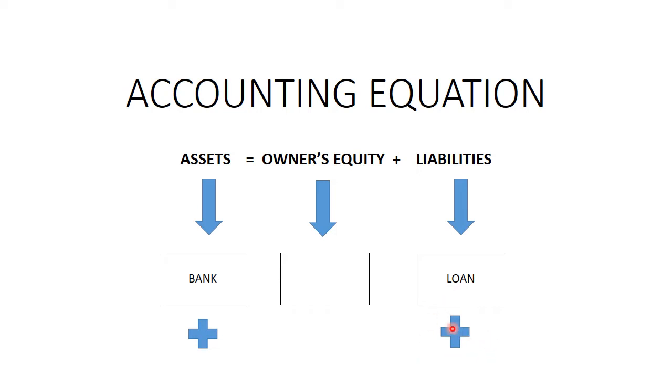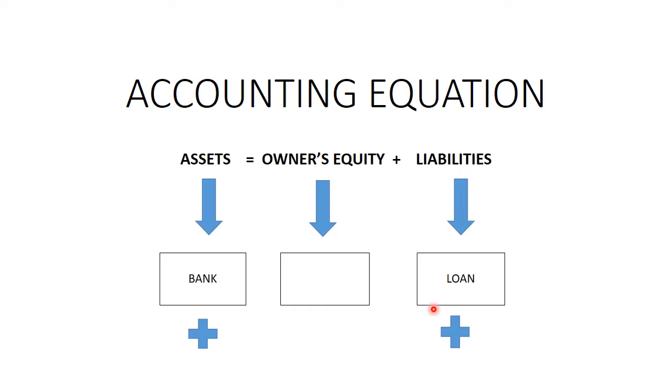So it will be an increase, because we are now owing more than what we were owing previously, or we are now owing more financial providers than the number of financial providers that we were owing previously. So with regard to this example, we are looking at assets having a plus, owner's equity not affected, then a plus again from your liabilities.